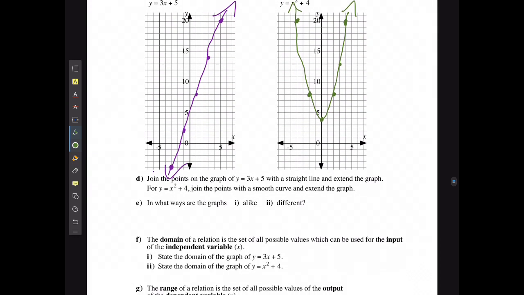In what ways are the graphs the same, and in what ways are they different? Well, let's start with the same. They're the same because they can both be drawn as a single continuous line.